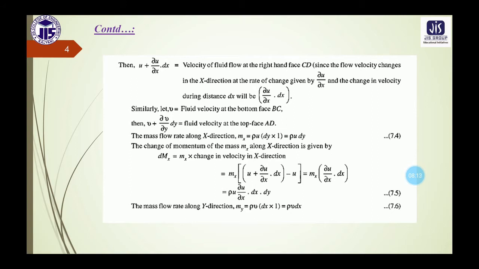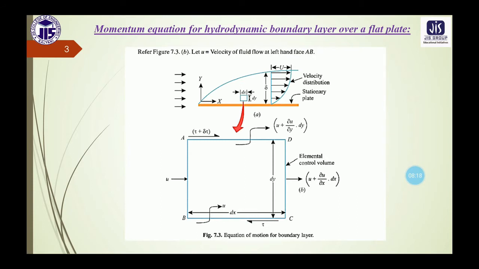What we can see is that in the last page we have seen that small u, we have considered the velocity of fluid flow at the left face AB. So in 7.3b, this ABCD is the control volume here, and in its left surface AB, small u is the velocity of the fluid, and at its right surface, the velocity is u plus del u del x multiplied by dx.